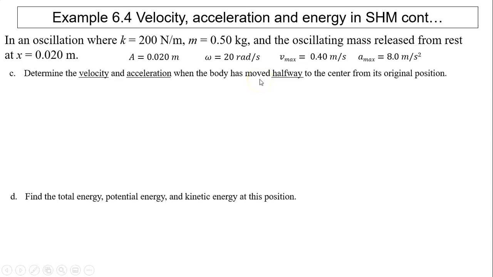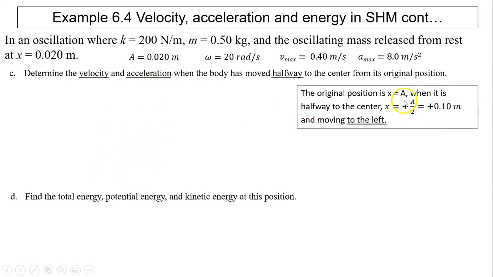Continue with the same question. Now you have to determine the velocity and acceleration when the body was moved halfway to the center from its original position. So when the body is halfway, x equals 0.01. So the original position is this. When the block is moving halfway, it's moving to the left, so velocity has to be negative.